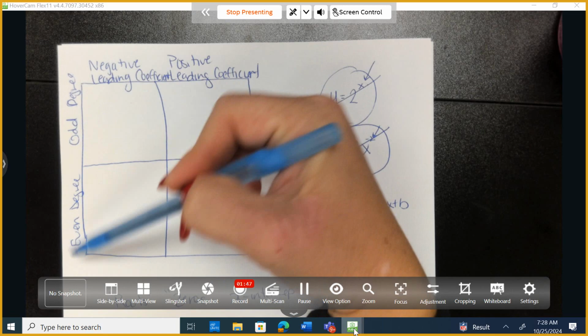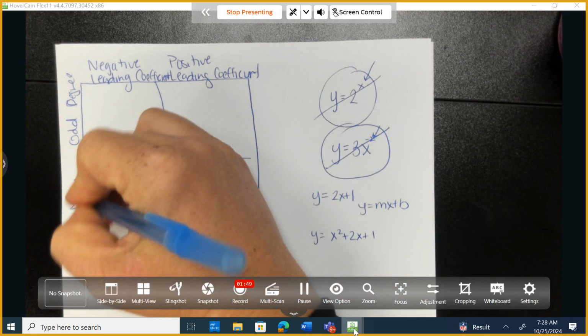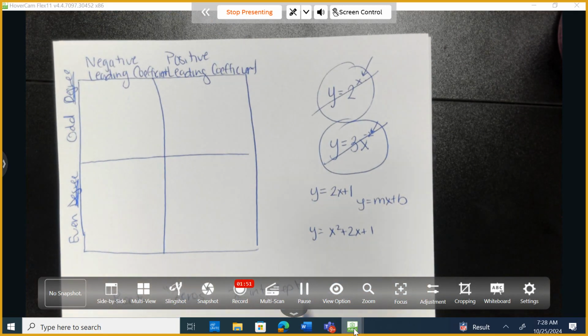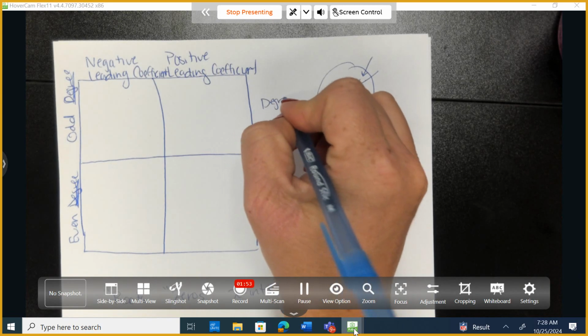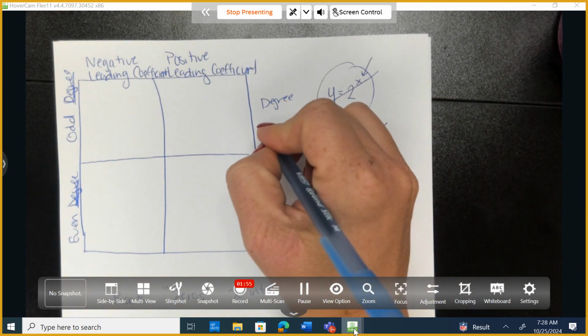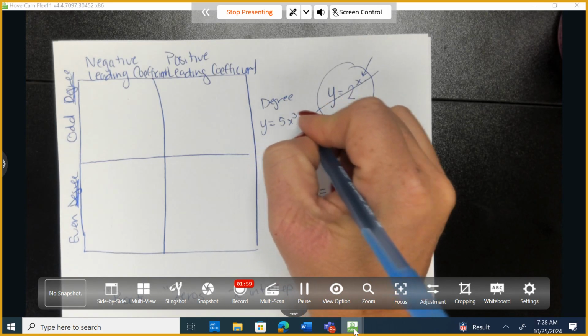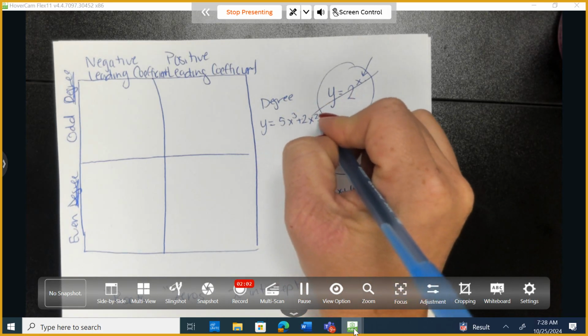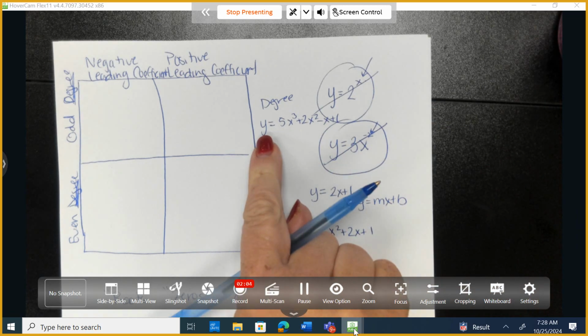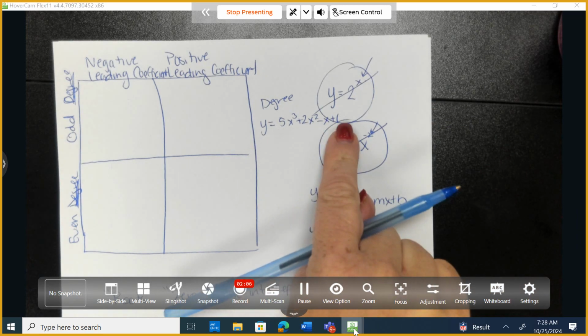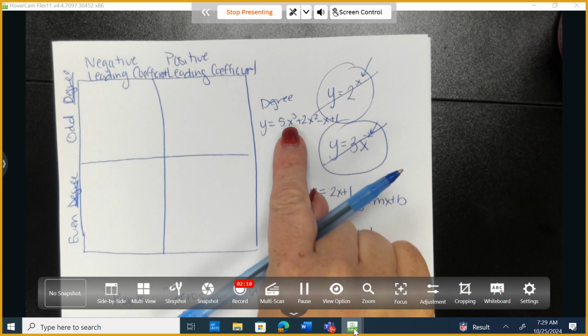This says odd degree and even degree. If you're not familiar with the word degree, I want to define that for you. The degree of the function means, I'm writing down an example here, when you have a polynomial equation and it's written in standard form, that means they line it up and organize it really pretty.